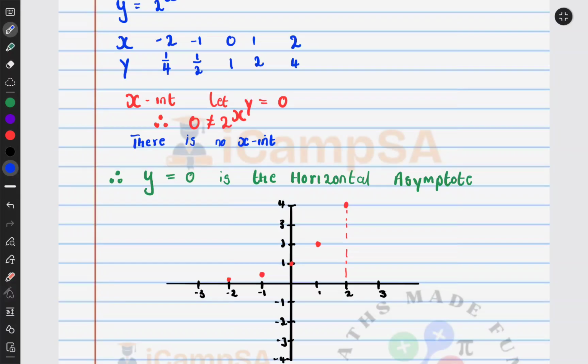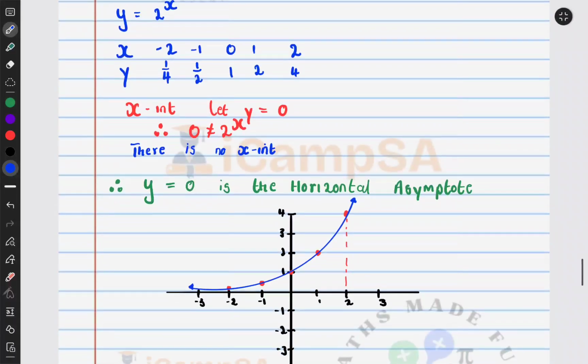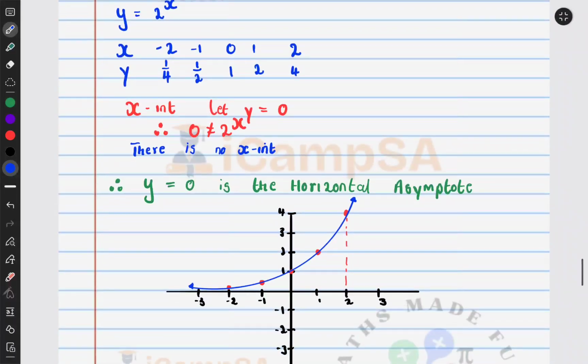Once we have this, we can now join our points, and that is how our exponential function will come out.